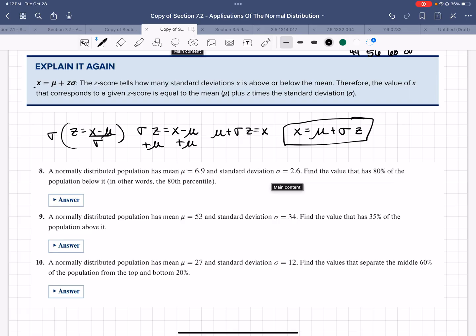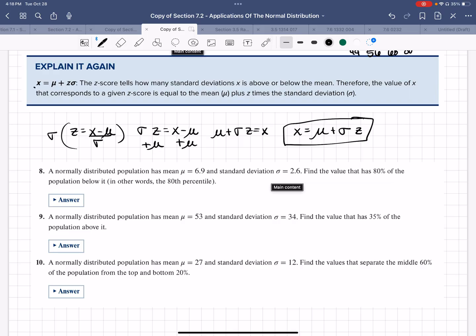Now, like I said, since you have a graphing calculator, you can just change mu and sigma from 0 and 1 into what the standard deviation is and what your mean is, okay? Because your calculator does allow you to do that.